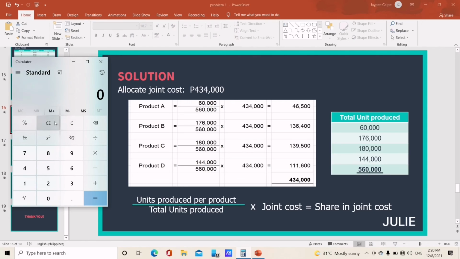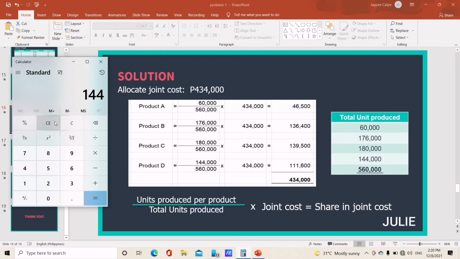For product B, 176,000 divided by 560,000 multiplied by the joint cost, we have 136,400. Product C, 180,000 divided by 560,000 multiplied by joint cost, we have 139,500.